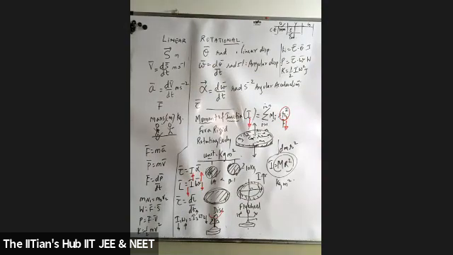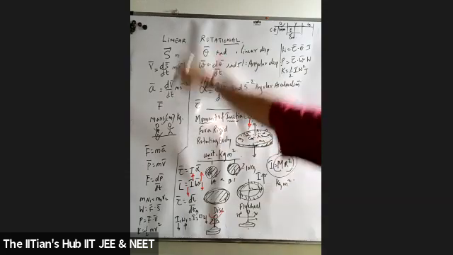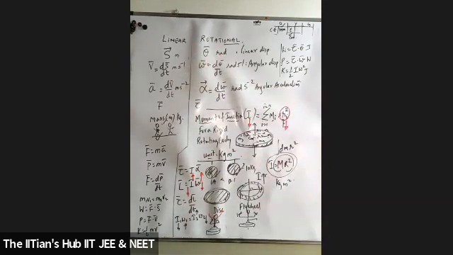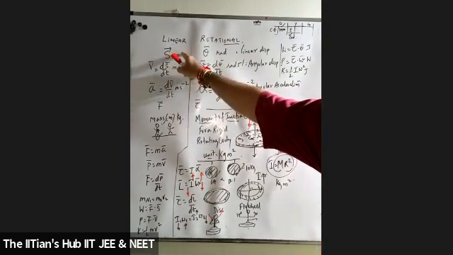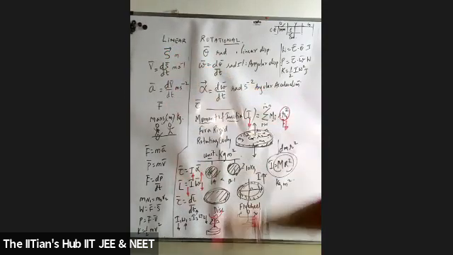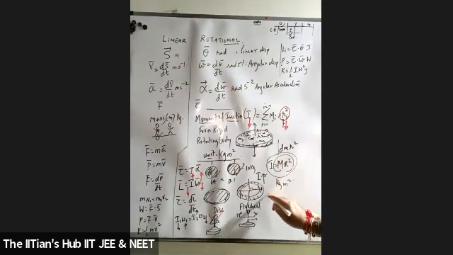What exactly are the linear kinematics you have come across? V is equal to U plus AT. You have done this in kinematics. Now rotational kinematics: final angular velocity is equal to initial angular velocity plus alpha t, angular acceleration.